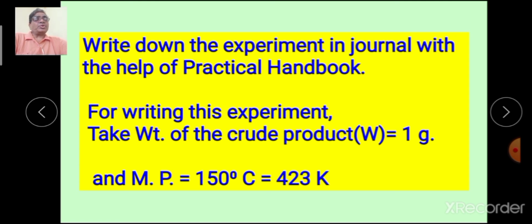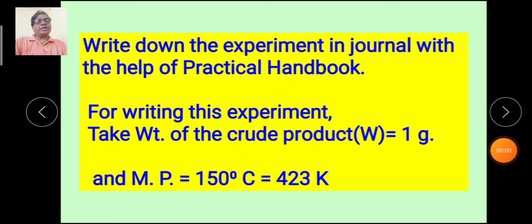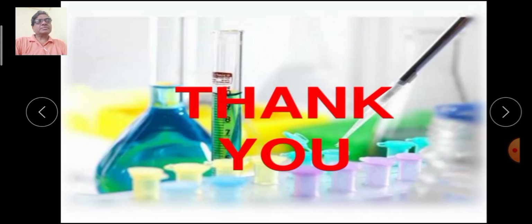Take the weight of the crude product equal to 1 gram, and from this 1 gram calculate the percentage practical yield of the product, and write down the melting point of the recrystallized product equal to 150 degrees centigrade, that is equal to 423 Kelvin. Thus, you have to write this experiment and send the PDF to the mail of our department. Thank you.